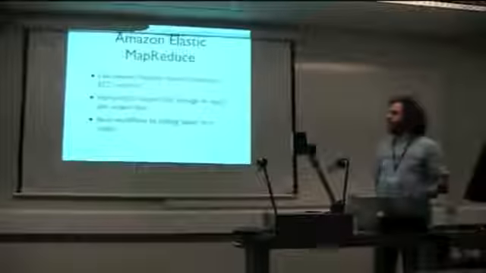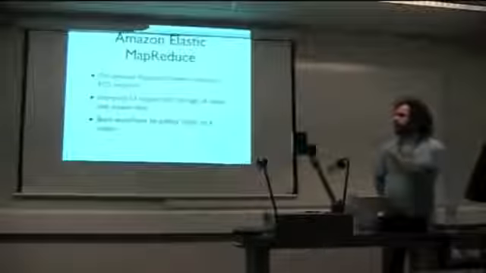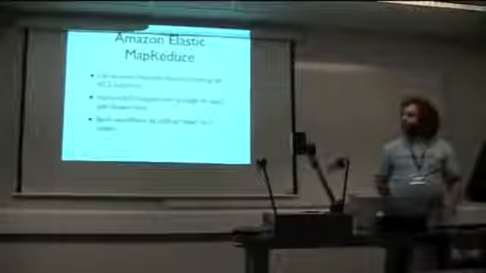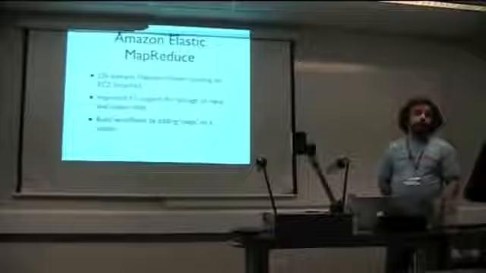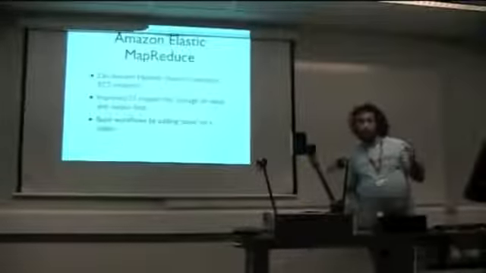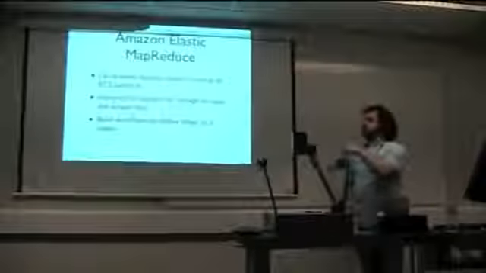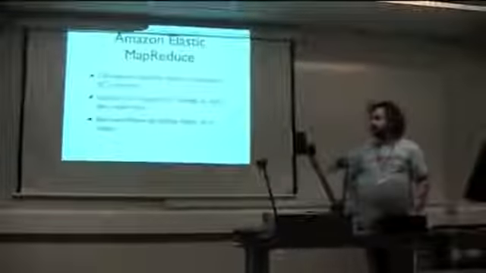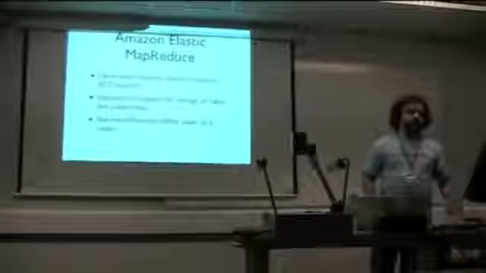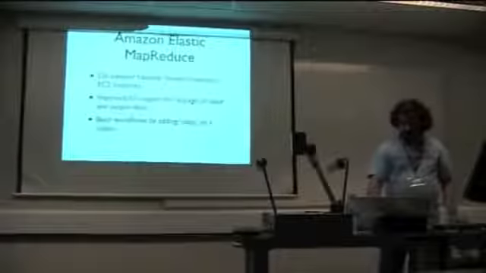So you can use S3 for input and output data, which is quite handy because it's virtually infinite storage and highly redundant. And you just build workflows by sending jobs to the cluster. Amazon calls jobs steps, and they call a cluster a job flow, which is sort of misleading.